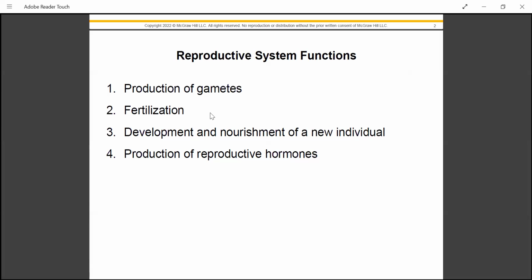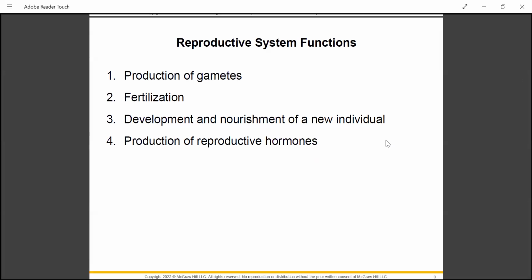The female reproductive system is charged with development and nourishment of a new individual in the form of an embryo. And both systems produce reproductive hormones. You'll see when we get there, there are some differences, male and female, there as well.